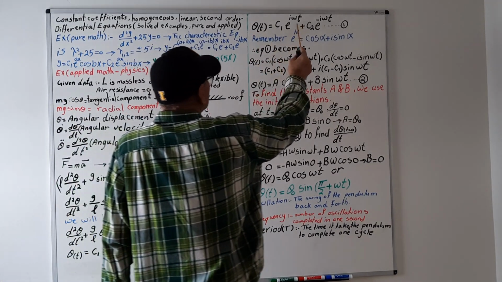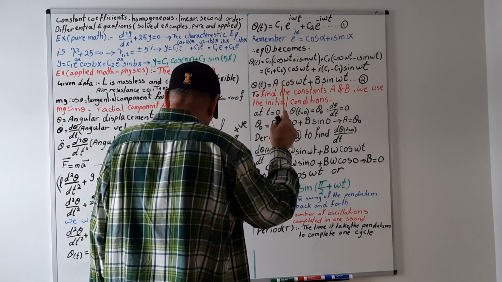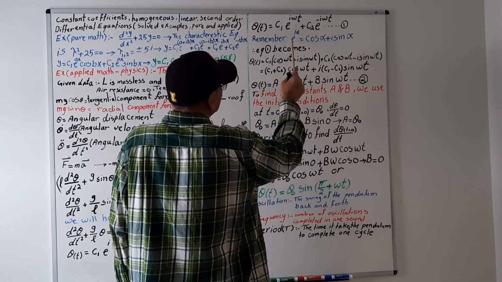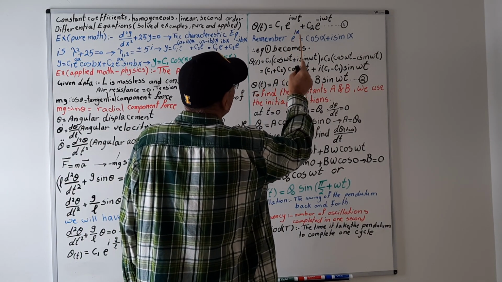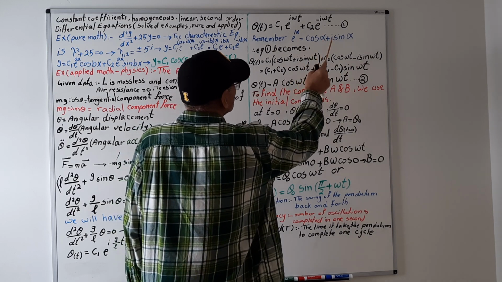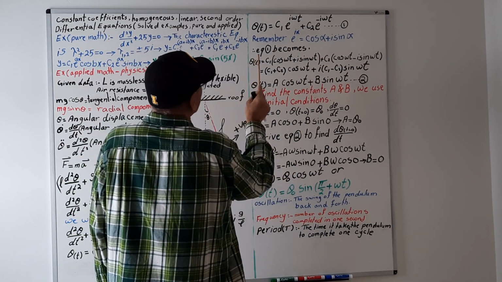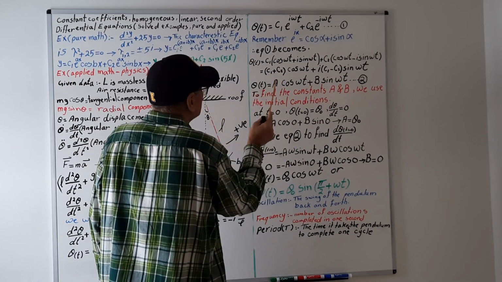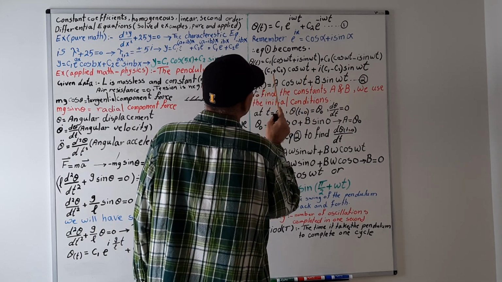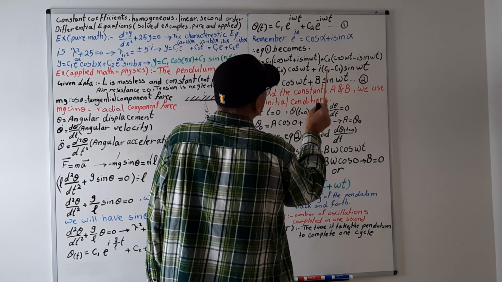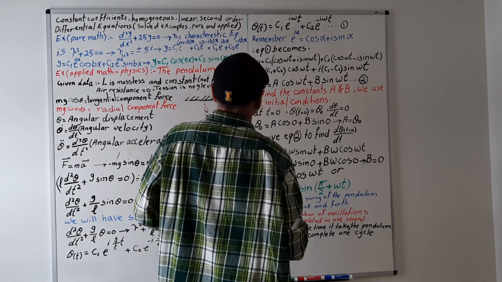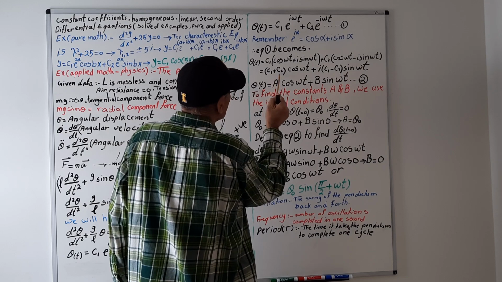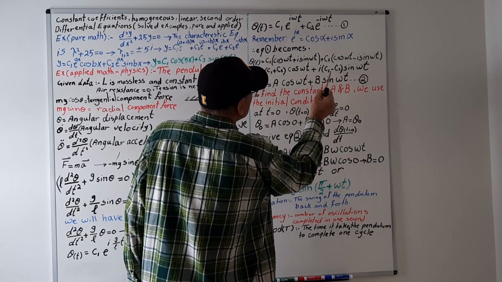And here we put omega instead of root g over L. Remember, we have this relation: e to the power i alpha equals cosine alpha plus i sine alpha. Therefore, equation 1 becomes, and we factor cosine omega t, so we get C1 plus C2, and here is C1 minus C2, and they are other constants. We put A for C1 plus C2 and B for C1 minus C2.